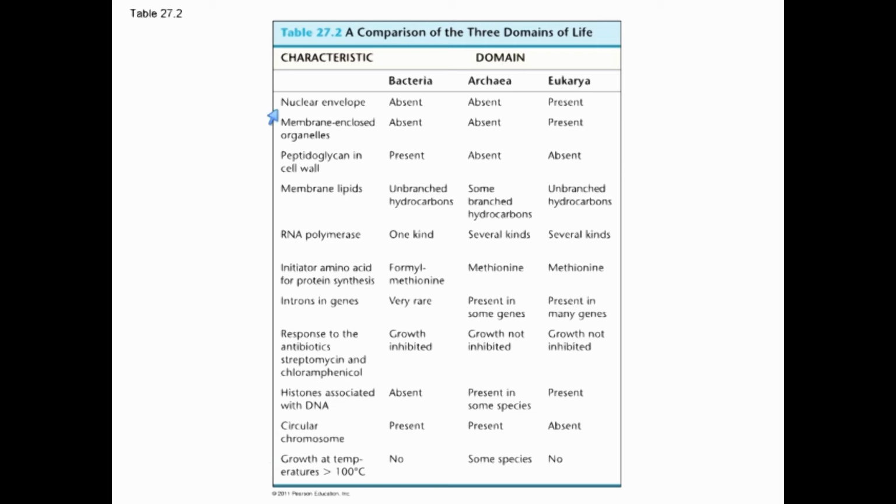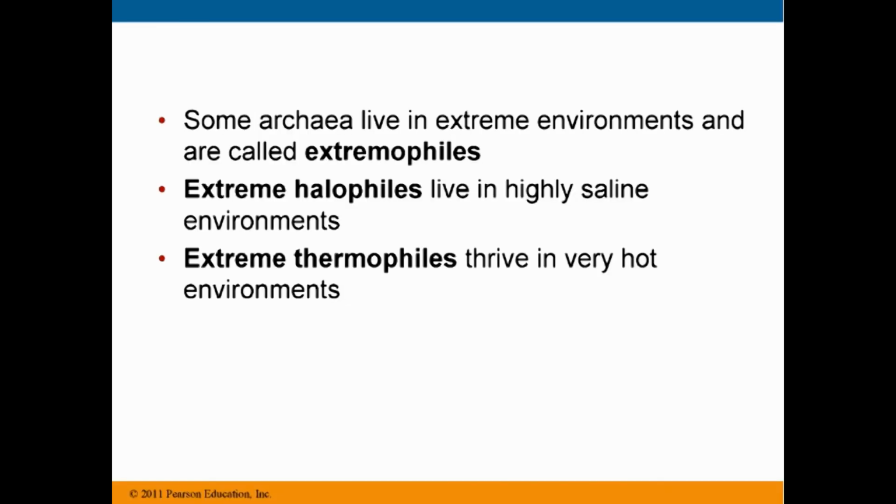So we talked about nuclear envelope, organelles, the peptidoglycan and the lipids, circular chromosomes. Growth at temperatures above 100, only the members of the domain Archaea fall into this category. The rest of them don't, so don't spend time with that. So the Archaea, these guys live in very extreme environments.